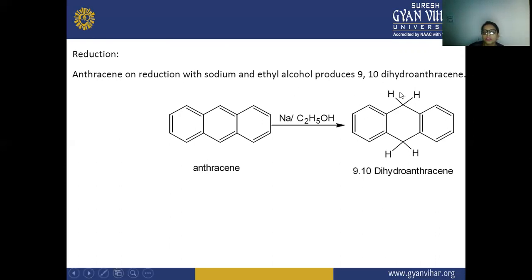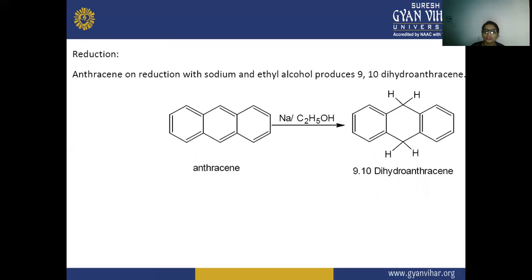As you can see, there is one hydrogen already there, and on reduction, the addition of these hydrogens is occurring on the 9th and the 10th position in the presence of your sodium as well as the ethyl alcohol. So anthracene on reduction with sodium and ethyl alcohol is producing this 9,10 dihydroanthracene.